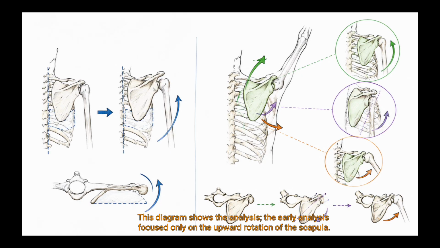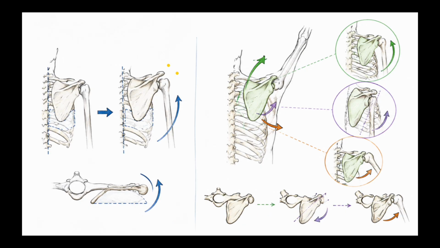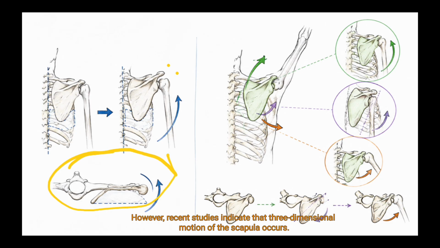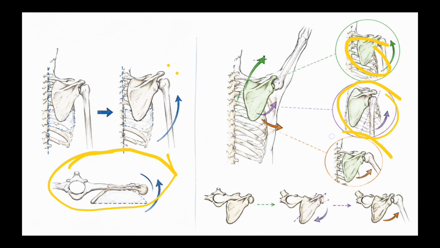So this diagram shows the analysis. The early analysis covered only the upward rotation of the scapula, but in recent work there are three-dimensional motions of the scapula.